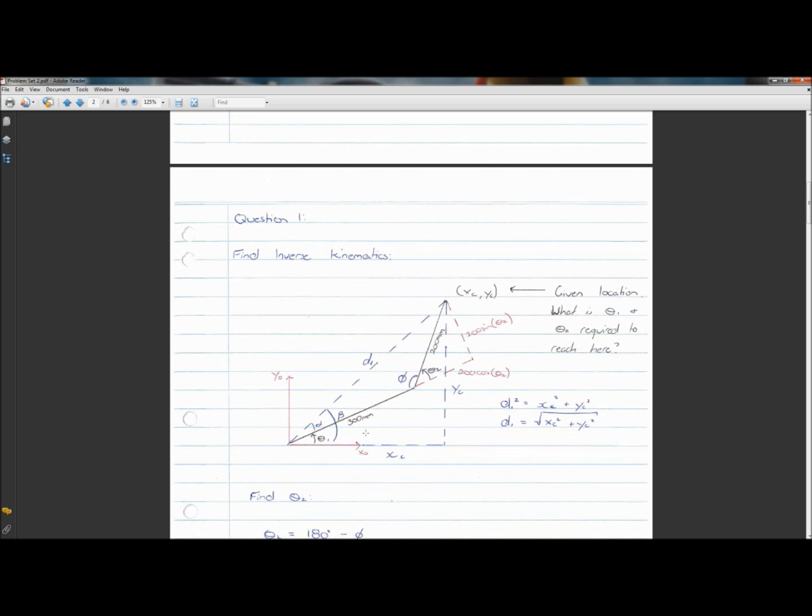I'll just walk through this one. We've got x0, y0, which is our base reference frame. This black line represents link 1, which is 300 mils long, and that's theta 1 there, so that's the revolution. You then notice that I've drawn this dotted red line here.